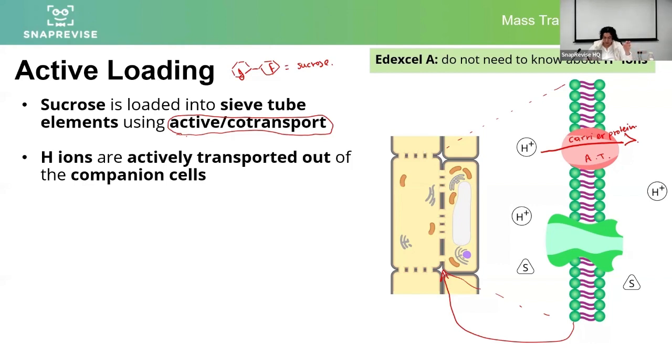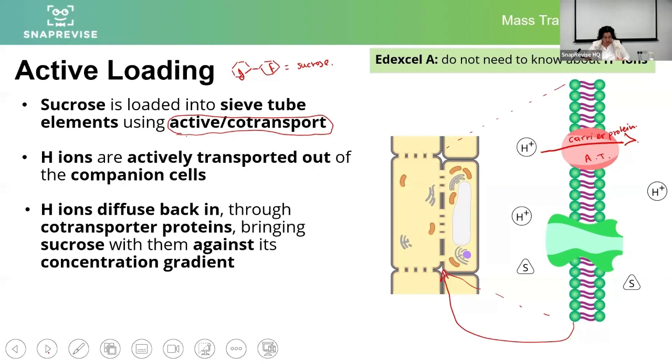So what does that do? What does this active transport of hydrogen ions outside of the cell do? It will create a concentration gradient, won't it? A concentration gradient of more hydrogen ions out here, out of the companion cells.